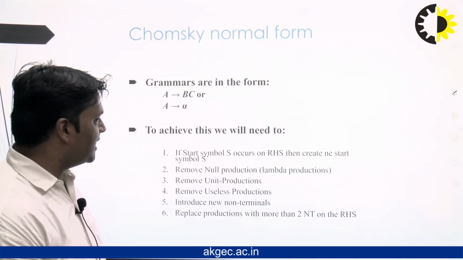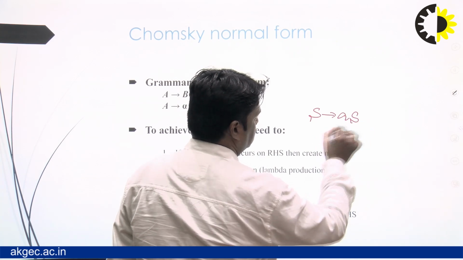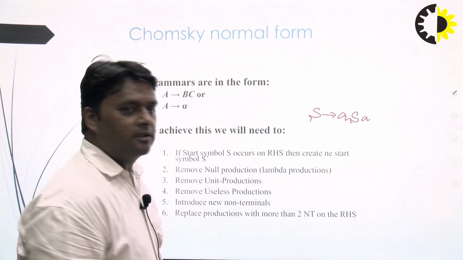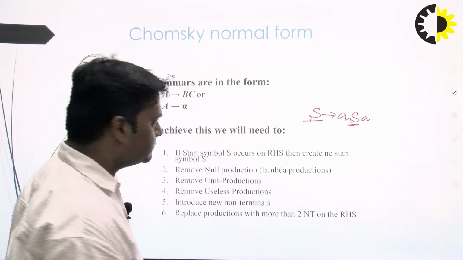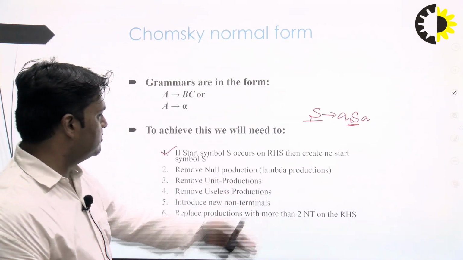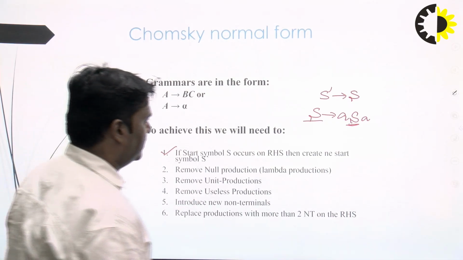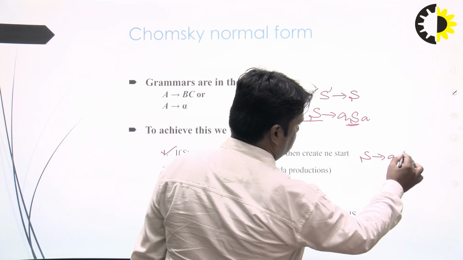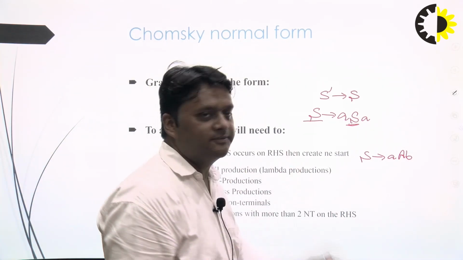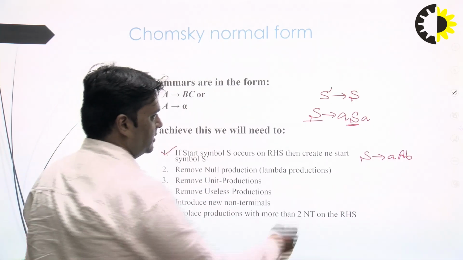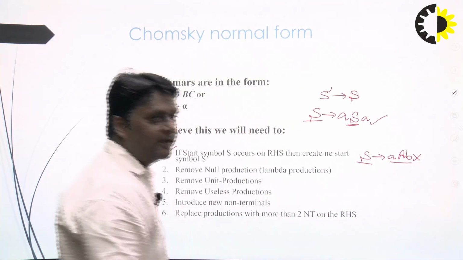First step: if the start symbol S occurs on the right hand side, like S implies ASA, then the start symbol S is also on the right hand side, so we put a new symbol S dash that derives S. If the grammar is in the form A implies AB, then there is no need for this step 1, meaning no need to introduce a new symbol, because the start symbol does not occur on the right hand side.